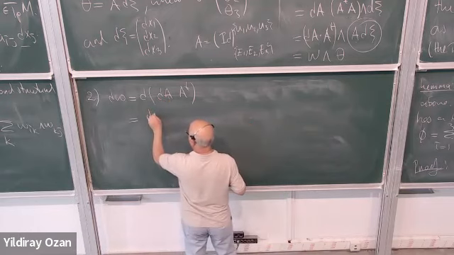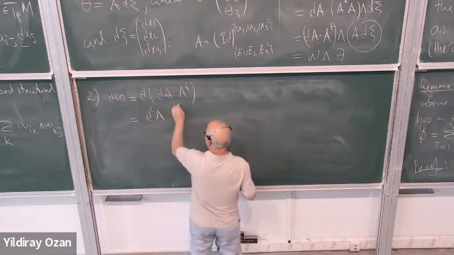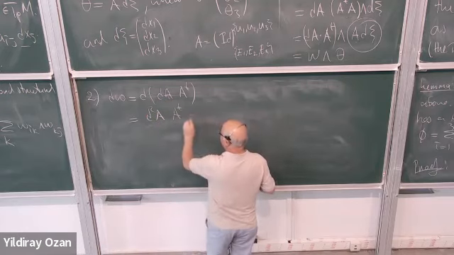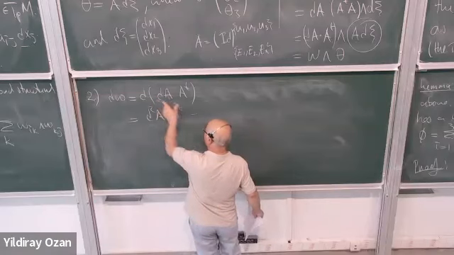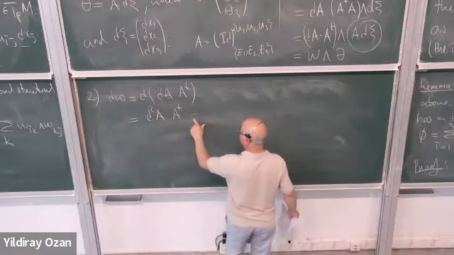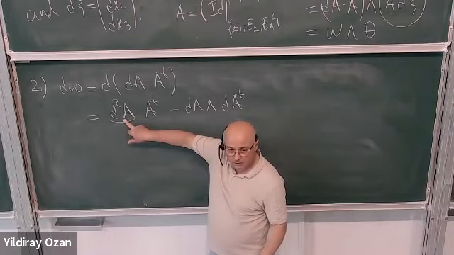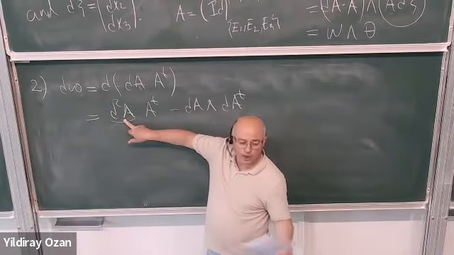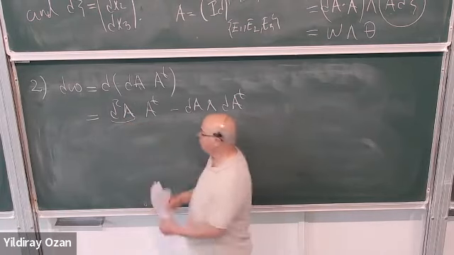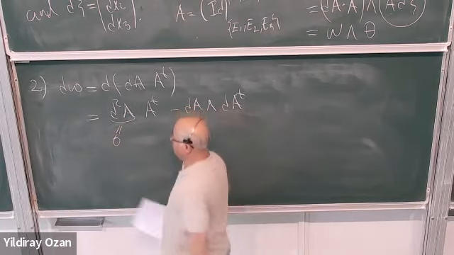So I have d squared of A transpose, and then I skip a one form, therefore I have minus sign here, dA wedge d of A transpose. But here I take d of each entry twice, but d squared on any form is 0. Therefore this is 0.